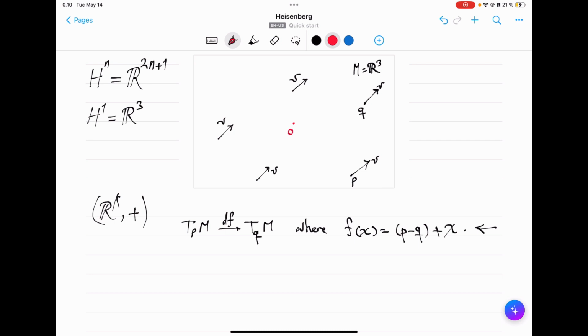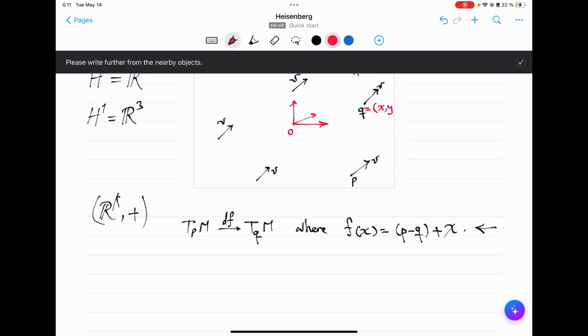From the manifold point of view, 0 is no more special than any other P or Q. But what this point enables us is we can make a choice of coordinate system, which is basically a choice of basis for the vector space Rn or Rk, and then use it to describe every given point as an n-tuple of values.